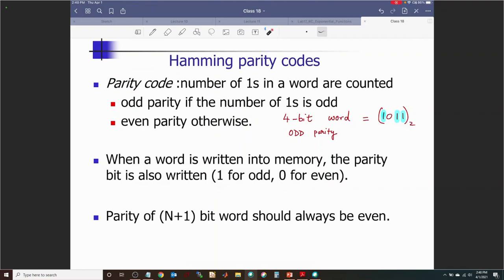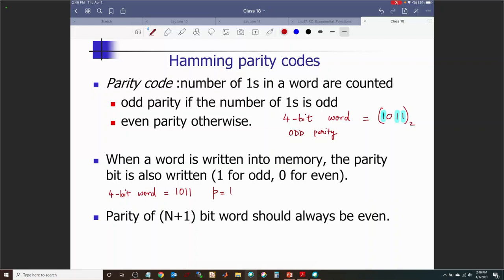So in our case, we have a 4-bit word which is 1011. So that's our 4-bit word. So what would be the parity bit? I will use small p for the parity. What would be the parity bit in this case? 1, right? So it's an odd parity situation. If it's odd parity, the parity bit, or the redundant bit, is going to be 1.